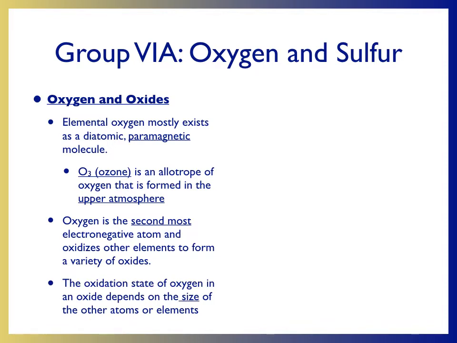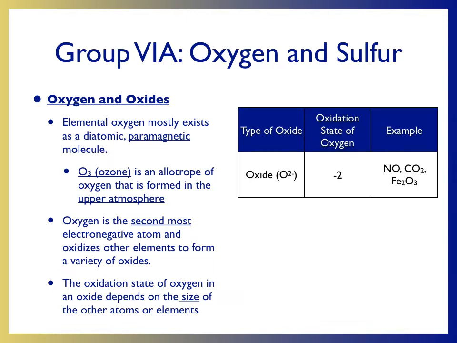The type of oxide that forms ultimately depends on the size of the other element. If the other element has a small atomic radius, it'll tend to form a regular oxide, where oxygen has a -2 oxidation state. Elements towards the top of the periodic table will tend to form regular oxides.